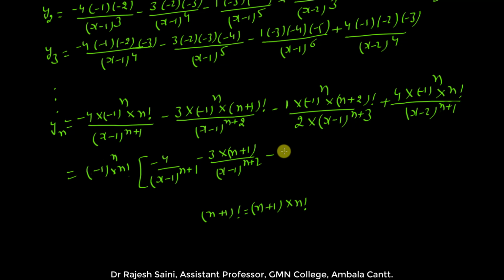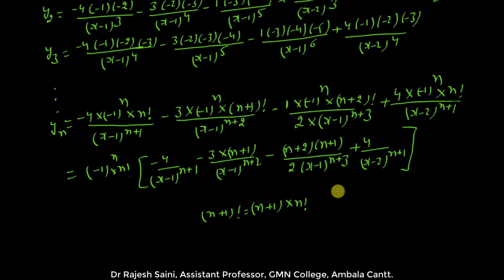Minus 1 raised to the power n is common. This will be n plus 2, n plus 1 divided by 2, x minus 1 raised to the power n plus 3, and it will be 4 divided by x minus 2 raised to the power n plus 1, and close the braces.